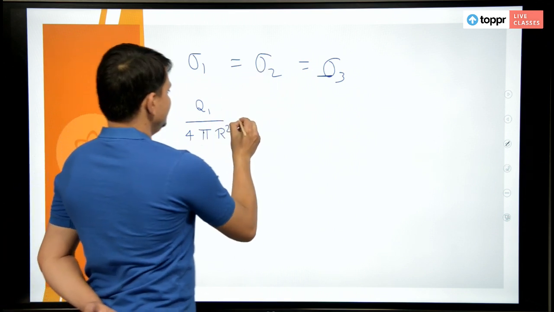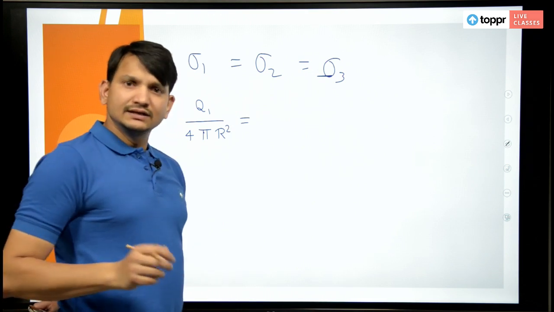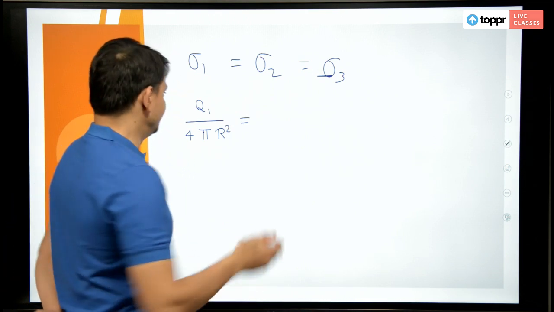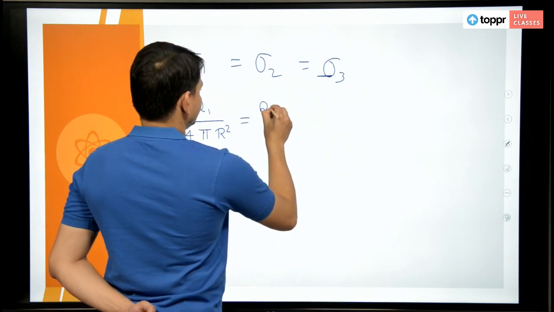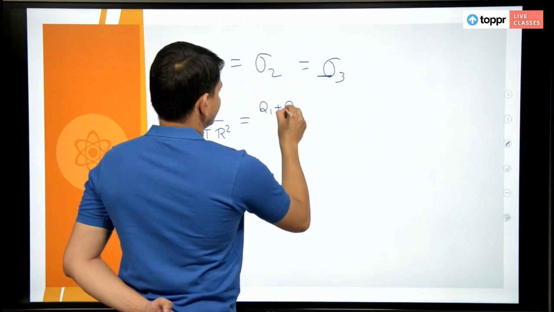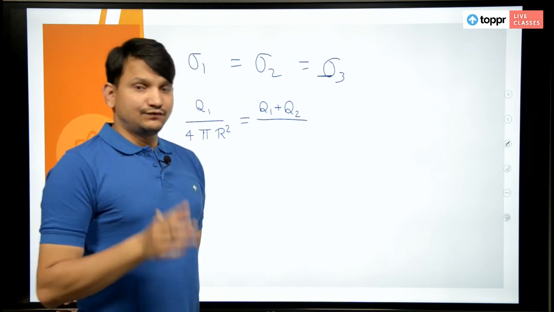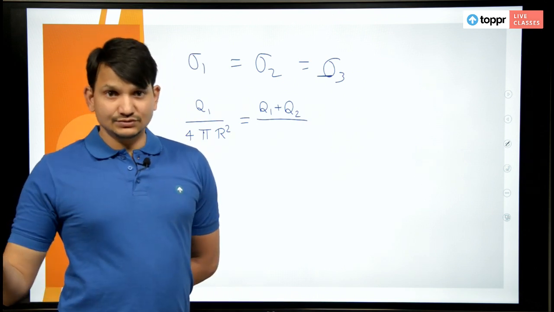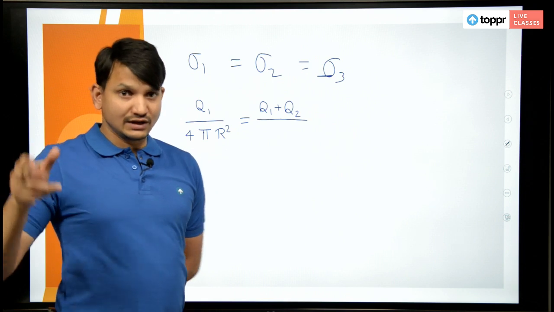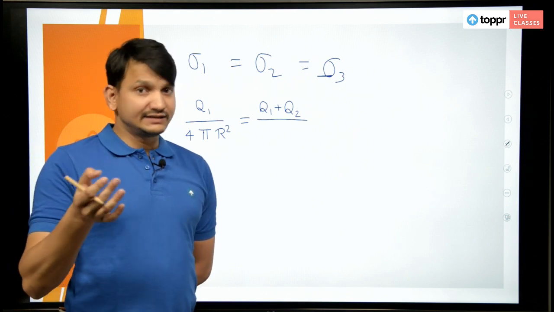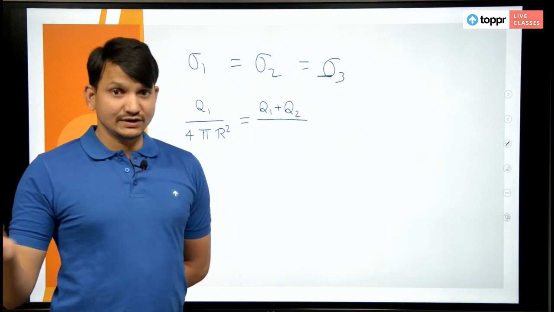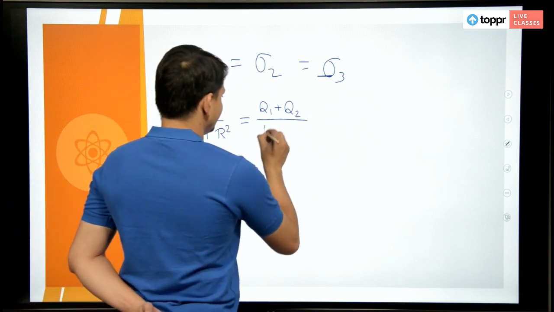For the second, we had outer charge Q1 plus Q2 divided by 4 pi times the square of 2r, that is 4 pi times 4r square, that is 16 pi r square.